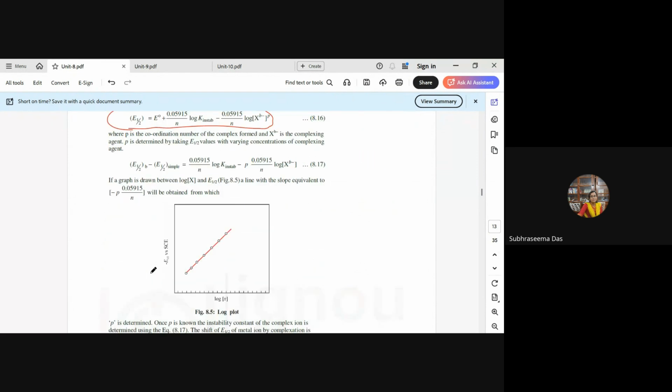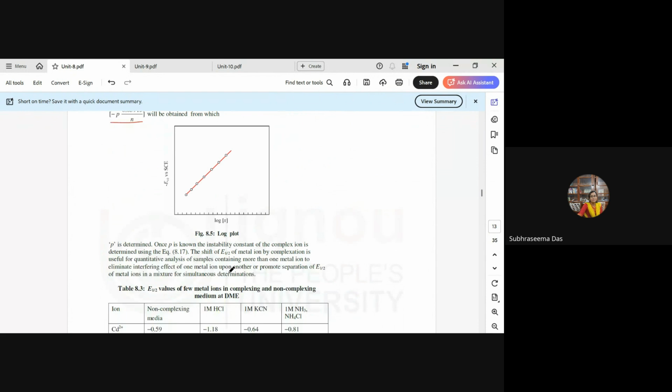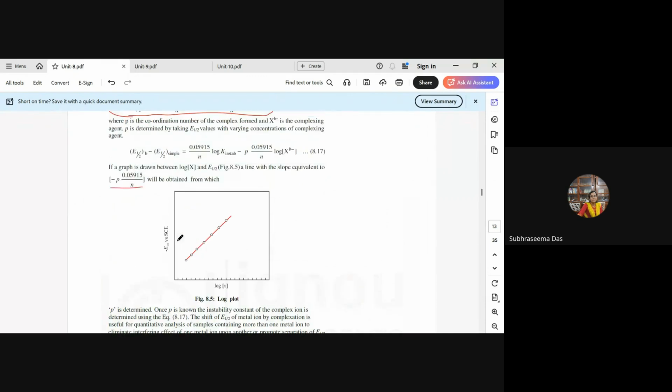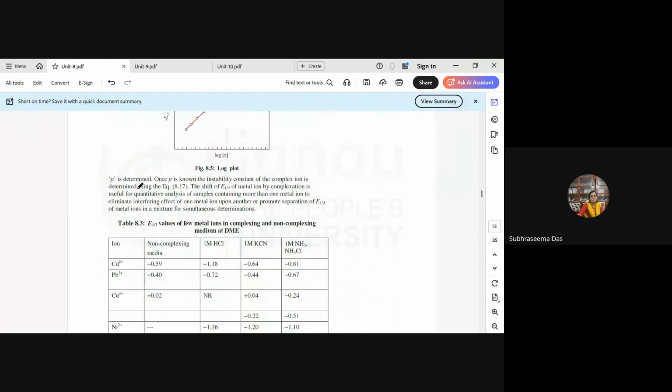If a graph is plotted between log X on the x-axis and E half on the y-axis, then a line with a slope equivalent to this value will be obtained, as shown. From the plot, we can determine the value of p, the coordination number of the complex.